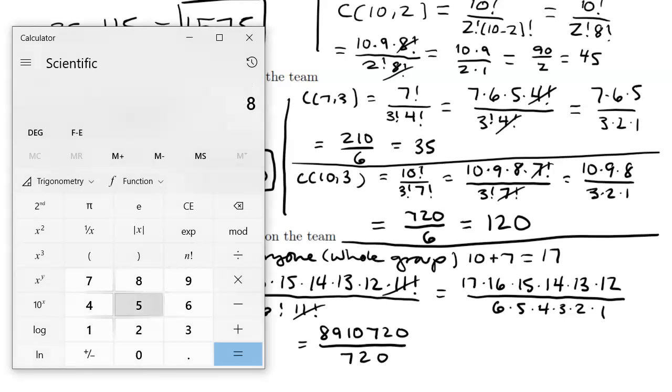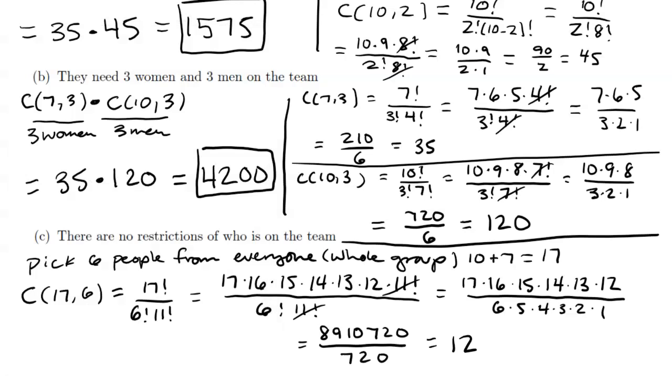So then 8,910,720 divided by 720 is 12,376. Just double checking.